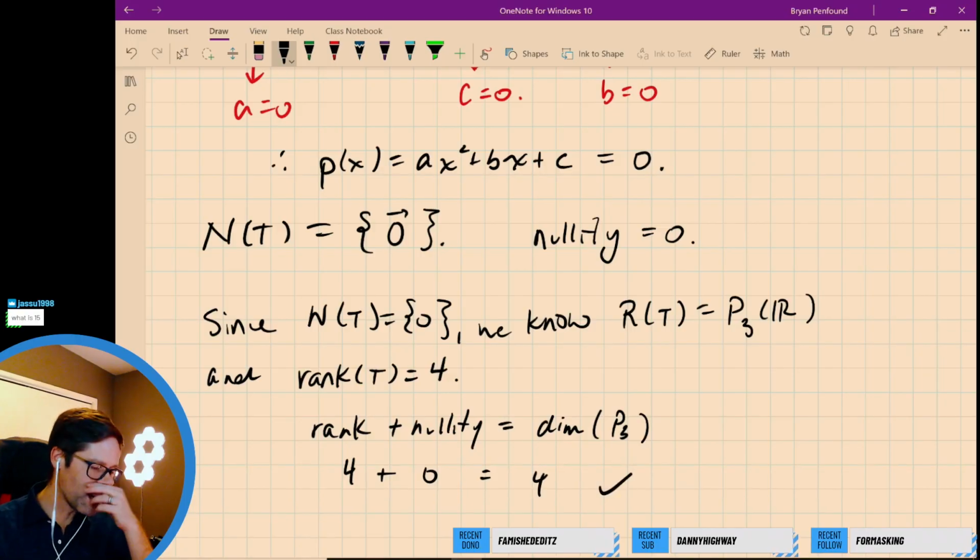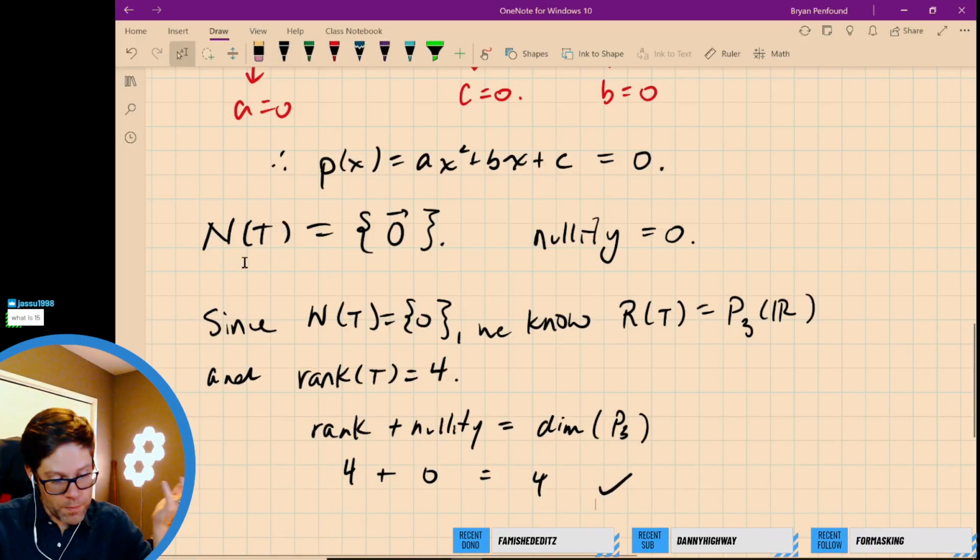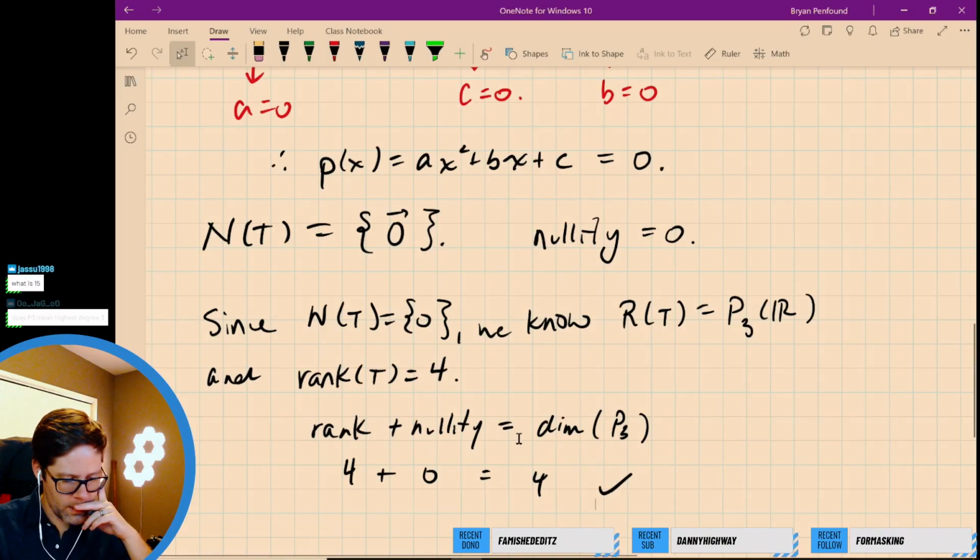And there you go. So rank nullity, our dimension theorem, should line up, and I do believe that should work.